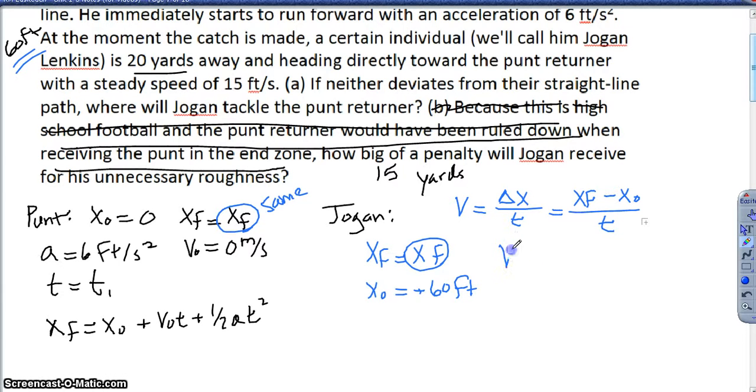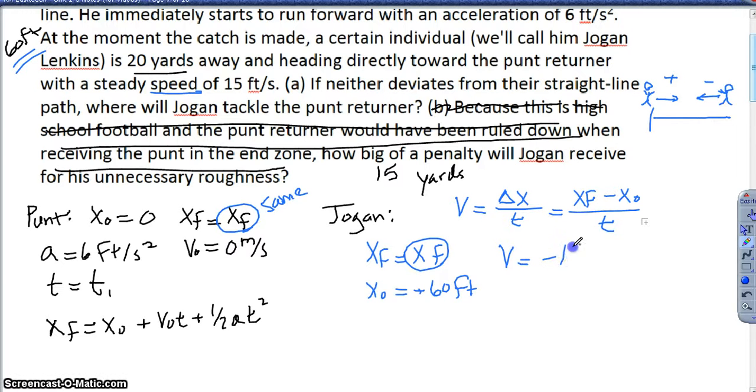You have to be very careful with the velocity. It tells us he is running at a steady speed of 15 feet per second, but he's running towards the punt returner. So if I'm thinking about this situation, here's the punt returner catching the ball on the goal line. He's going to run this way, which I'll define as the positive direction. The other guy is going to run towards him, in the negative direction.